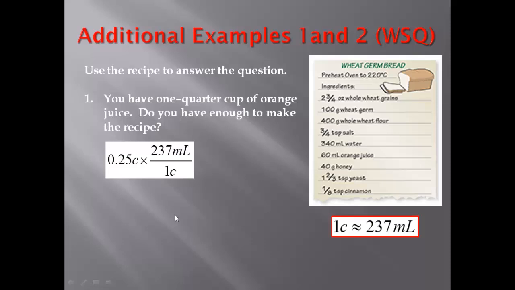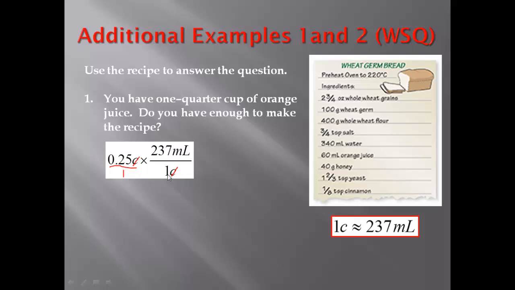First, we're going to start with what we have. We have 1/4 cup. So that is the same thing as 0.25 cups. We're going to multiply that times our conversion. Our conversion was 1 cup is approximately 237 milliliters. For the first one, if we put a 1 underneath it, we make it our fraction. So since cups is on the top of the first one, it needs to be on the bottom of the second one.